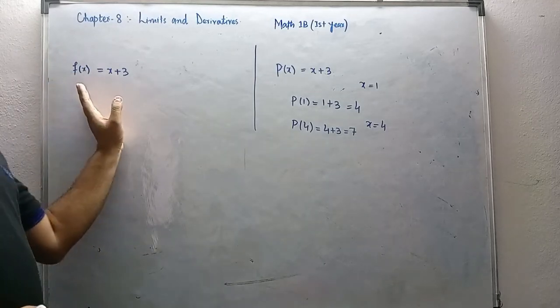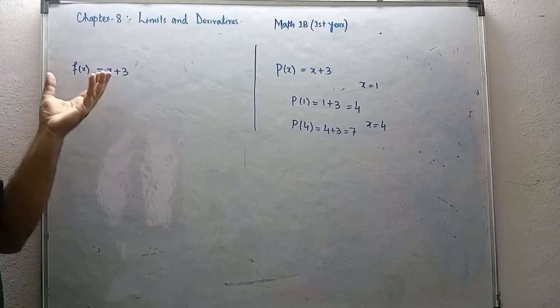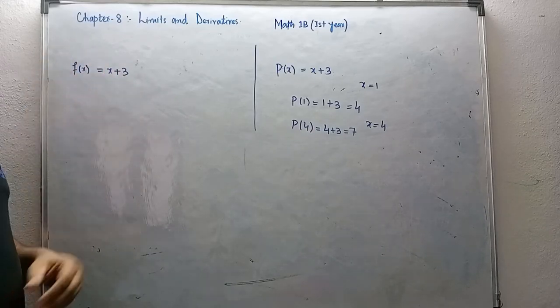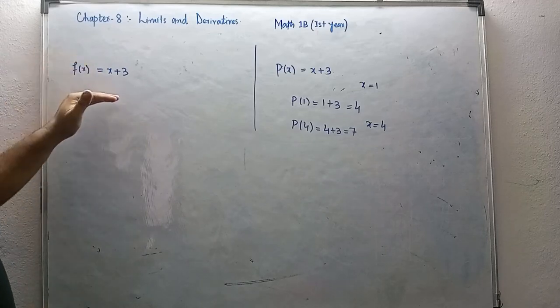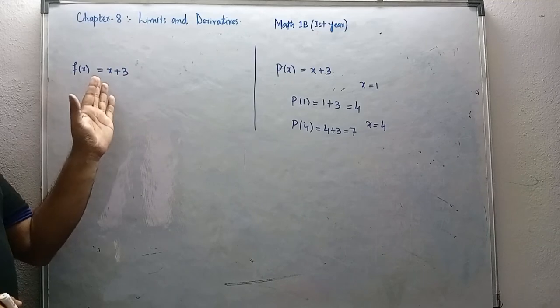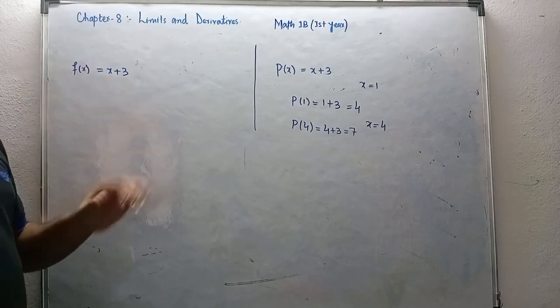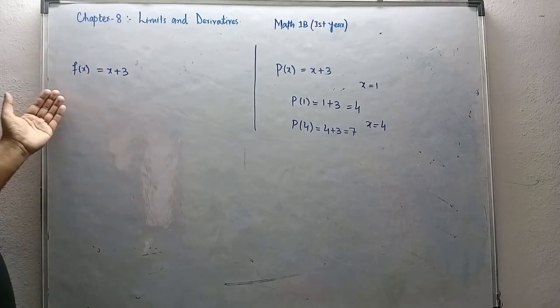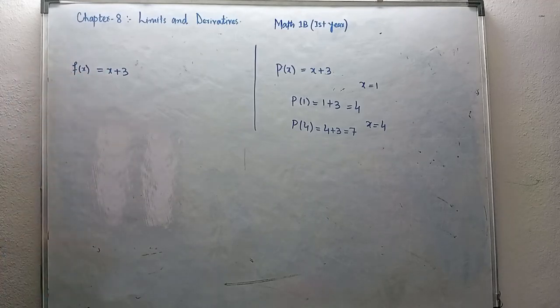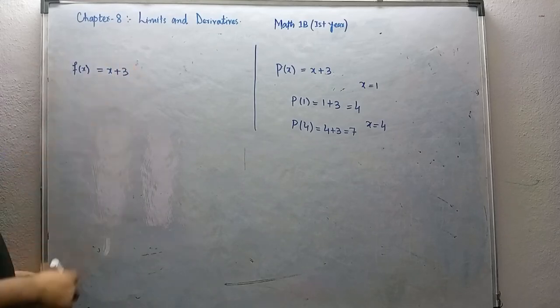If I ask you the value of the function at x equal to 3, you will write 3 plus 3 equal to 6. At x equal to 0, you will write f of 0, in place of x you will put 0, that is only 3. At x equal to 10, simply you will place 10 here. 10 plus 3 is 13.